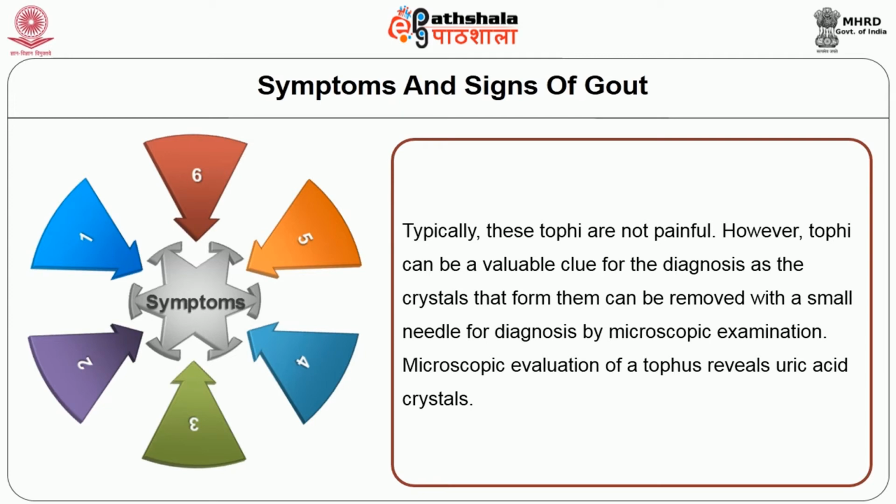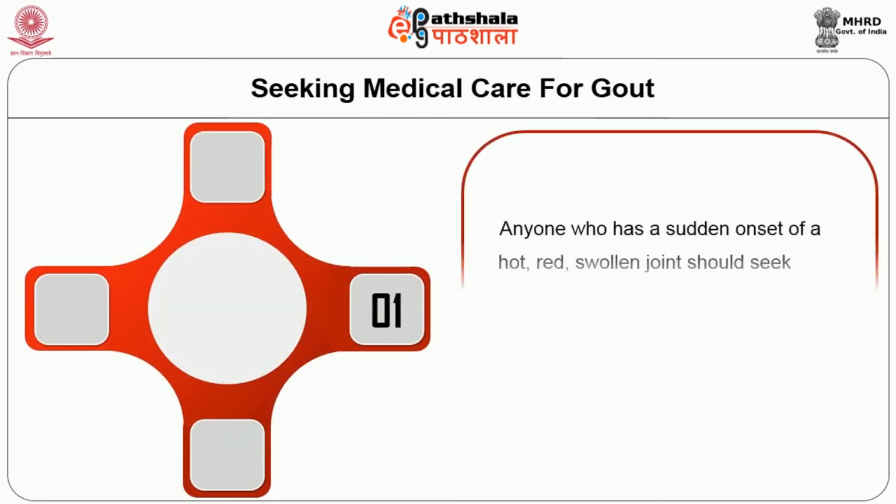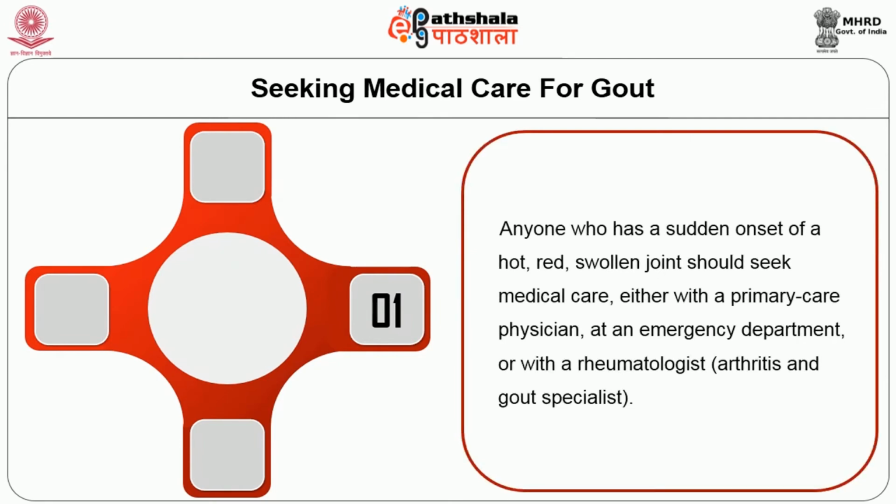So one has to seek medical care for gout. Let us learn about this now. Anyone who has a sudden onset of hot, red, swollen joints should seek medical care, either with a primary care physician, at an emergency department, or with a rheumatologist, that is an arthritis and gout specialist.